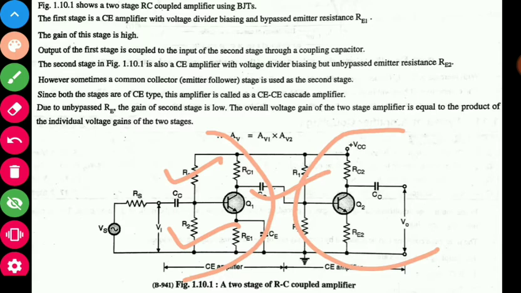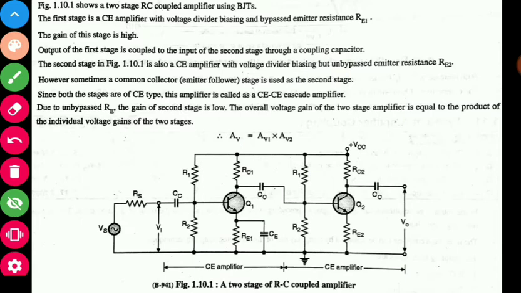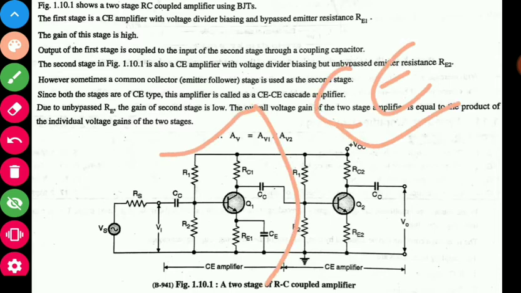This is the CC configuration, and generally it is used in the second stage. But here both stages are CE type. The emitter is common for input and output, so this is called the CE configuration.